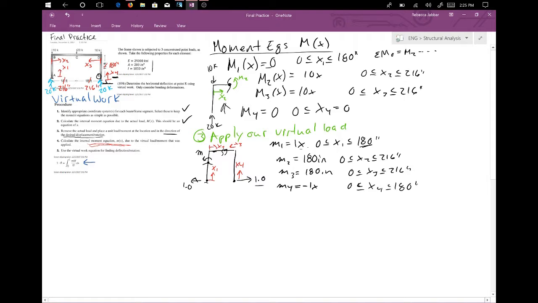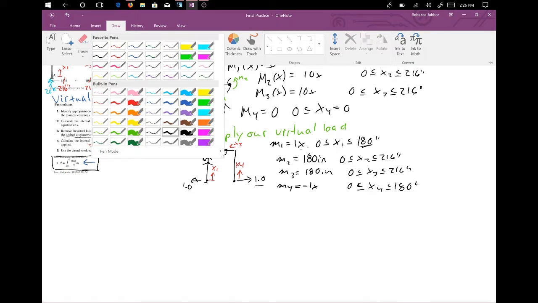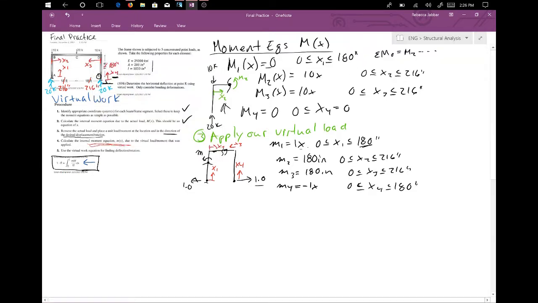All right, and now that we have these two equations, we're going to use this one down here to calculate the deflection for E in X. Let's change colors. I love purple. Let's do purple to do our last little equation.